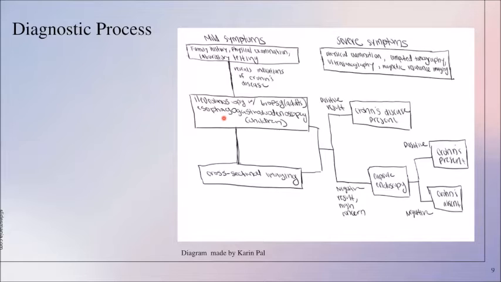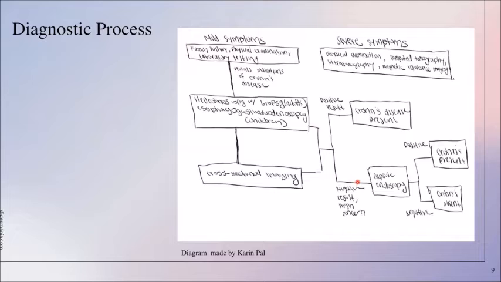A subsequent cross-sectional imaging would be performed to identify the full extent of the disease if it was or was not visualized by the endoscopy, which is important for developing a treatment plan. If both the cross-sectional imaging and ileocolonoscopy are negative, but there is still high concern for Crohn's disease being present, the next diagnostic process would be a capsule endoscopy.